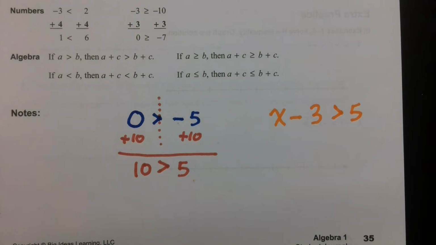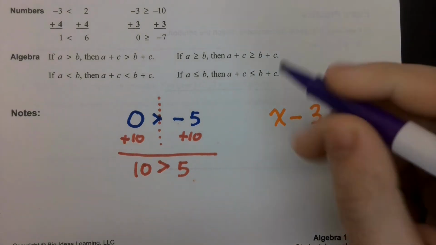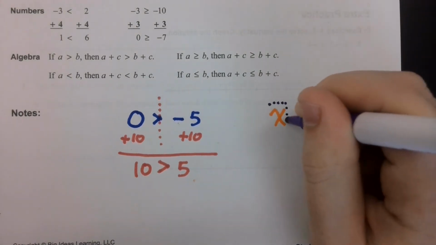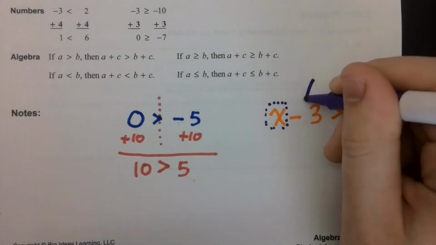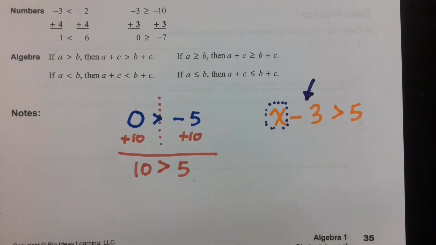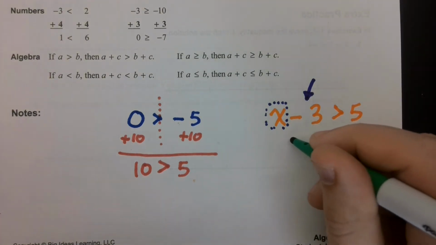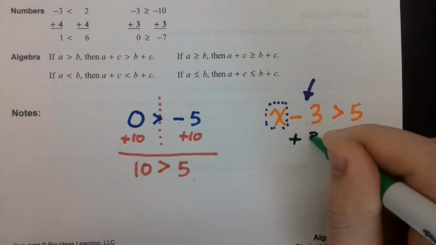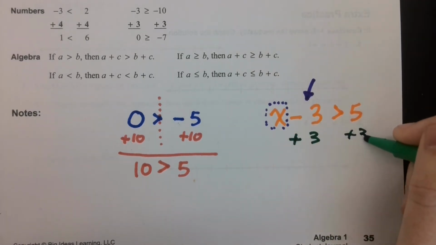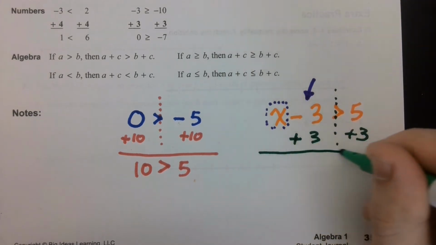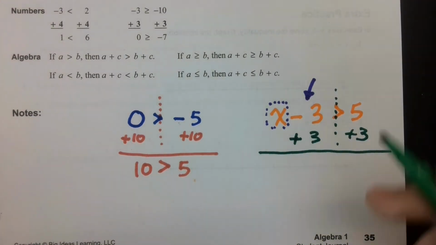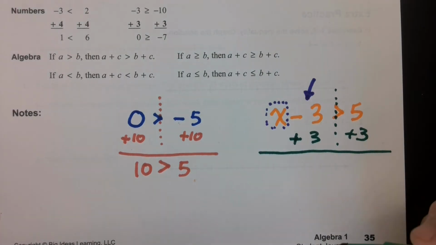Well, just like in the last example, we want to get x by itself, and what's attached to our x? This minus 3. How do we get rid of minus 3? Well, we add 3 to both sides of our inequality. What's negative 3 plus 3?